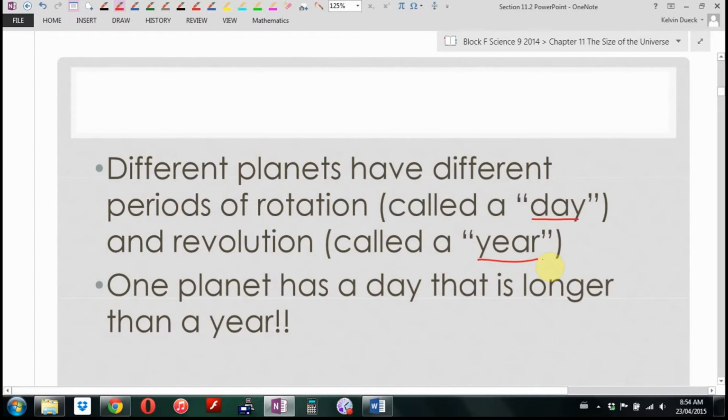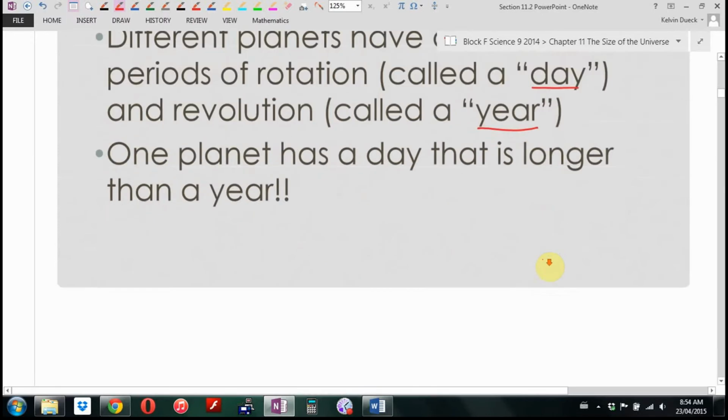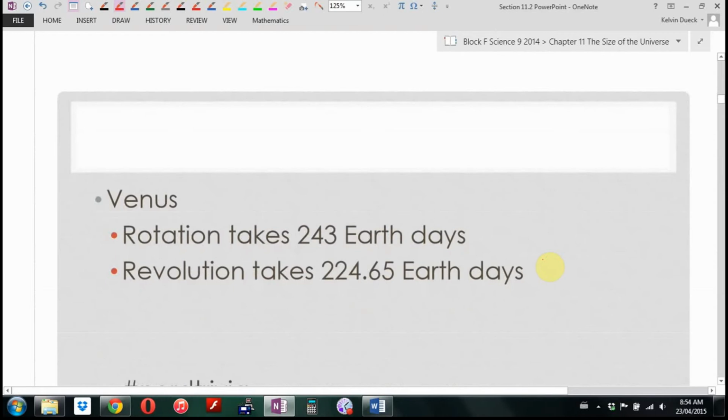One planet has a day that is longer than a year. One planet takes longer to spin around once than it does to orbit the sun once. For a candy, does anybody know which one? Jupiter? Nope. I thought it was, and then I looked it up and no. Turns out, Venus.